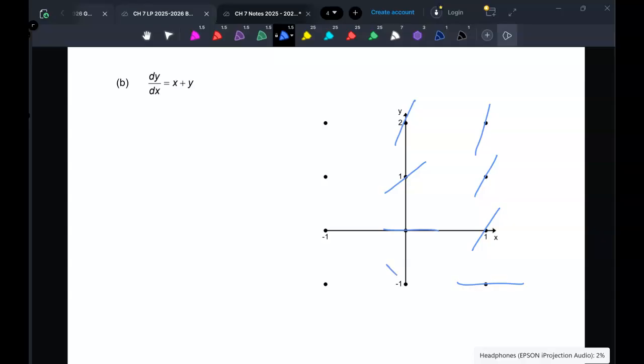And negative 1. Okay. Negative 1, 2 is going to be 1. I did it on the wrong one. Negative 1, 1 is going to be 0. Negative 1, 0 is going to be negative 1. And negative 1, negative 1 is going to be negative 2. So we're going to make that steeper.